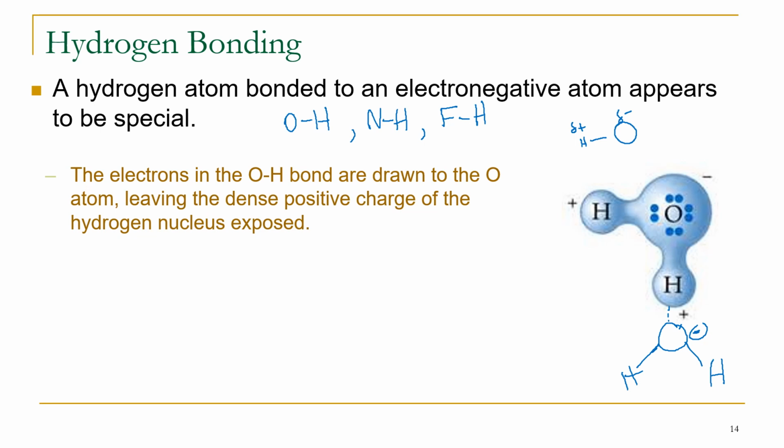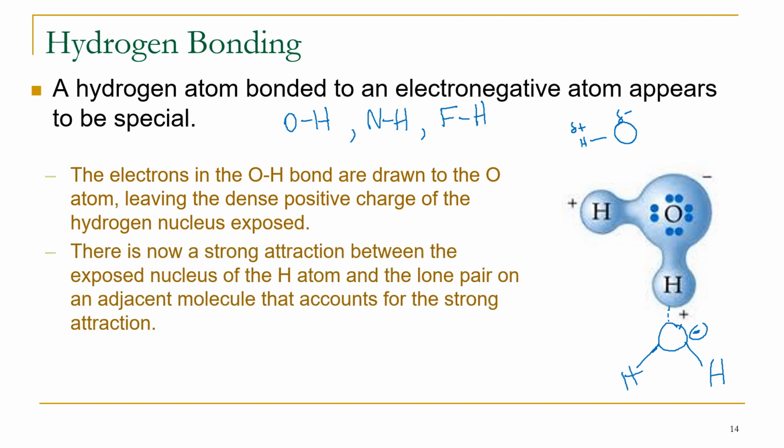This is water, for example. This is why water is so interesting, and we'll talk about that at the end of this chapter, why water is such an important molecule, and why, even though it's so tiny, it's very polar. The hydrogen bonding occurs between molecules, and again, it's because the O is so negative and the H is so tiny.